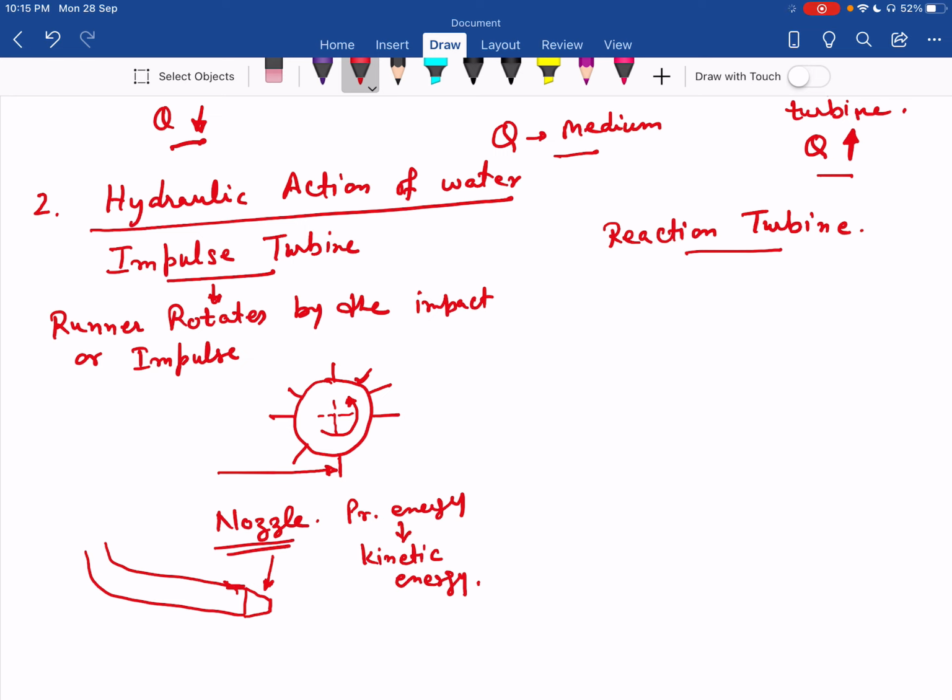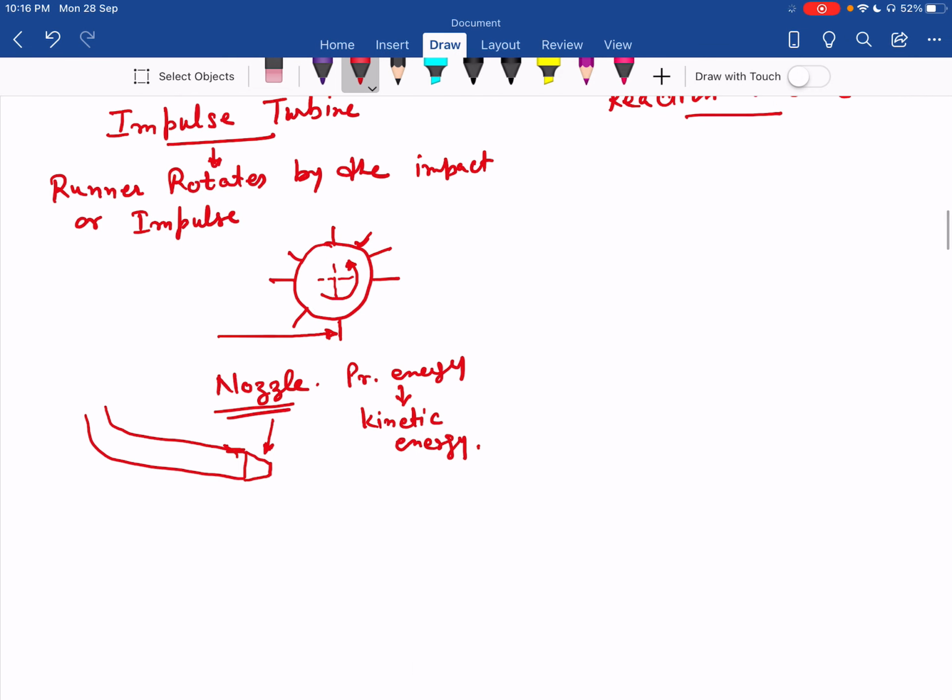The advantage is to increase the impact or impulse of water. This helps in increasing the impact or impulse of the water. Now in case of an impulse turbine, another thing is there is no pressure difference between the inlet and outlet of the runner.